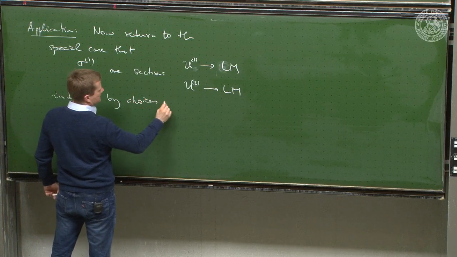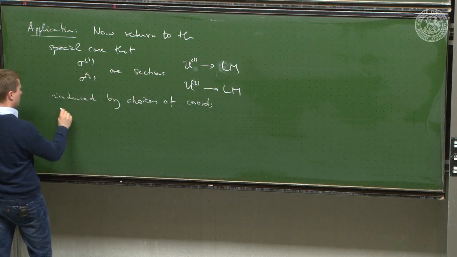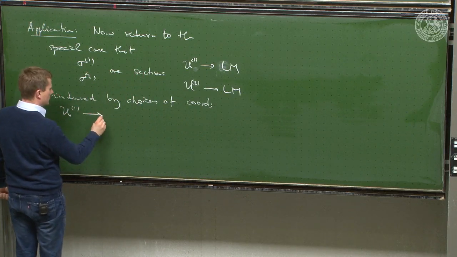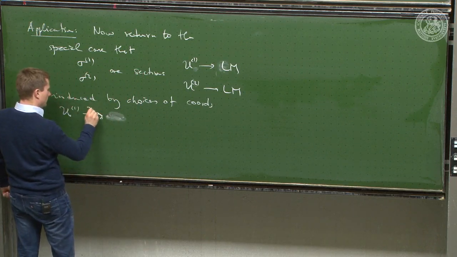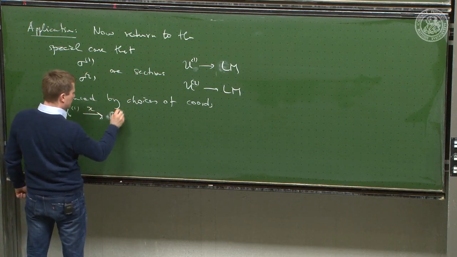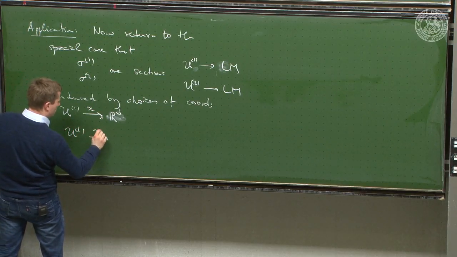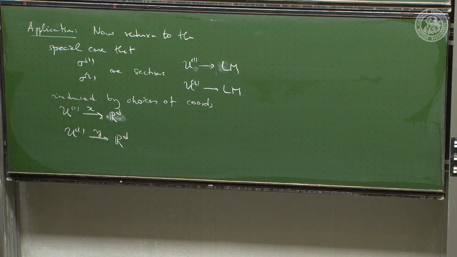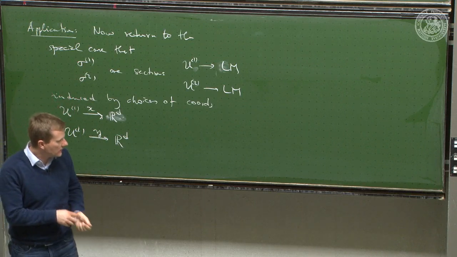By choices of coordinates, namely on U1, you have a choice of coordinates, let's call them x, down to R^D, and on U2, you have a choice of coordinates y, down to R^D. And then you have the corresponding frames induced. Okay.